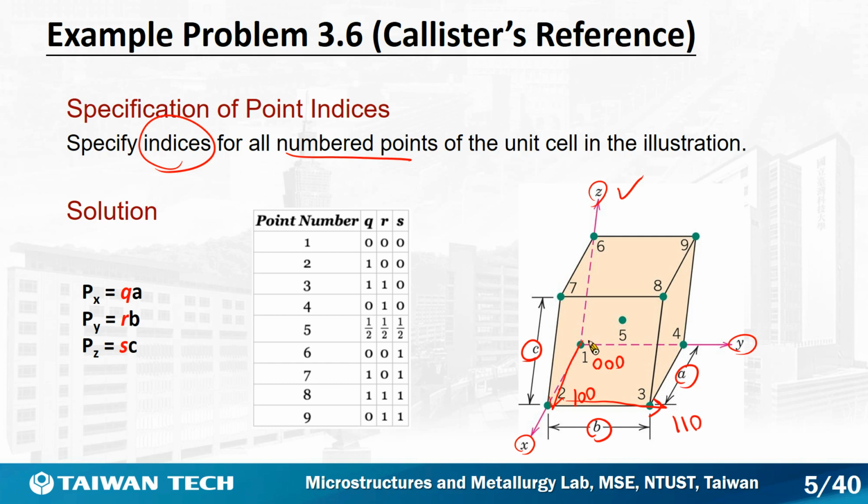And 4 is 0 for x and 1 for y. And the fifth point will be half, half, half. You go half, you go half, you go half. And I think you can find the rest of them: 6, 7, 8, and 9. Okay, this is very easy.